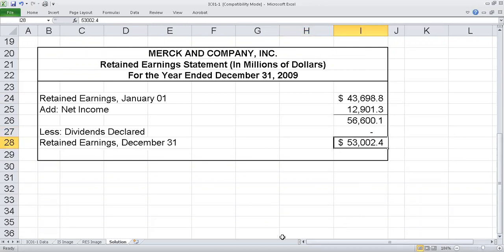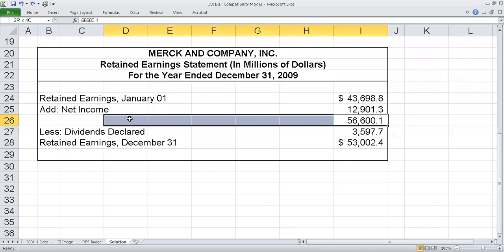But here is something that you are generally not going to see in a real financial statement. You're generally not going to see 0 value items. It's just a waste of space to say less dividends declared 0. We just generally don't do that. So that's why I said earlier that if there were no dividends, the third line would be the final line of the statement, because we're generally just not going to say less dividends declared 0.